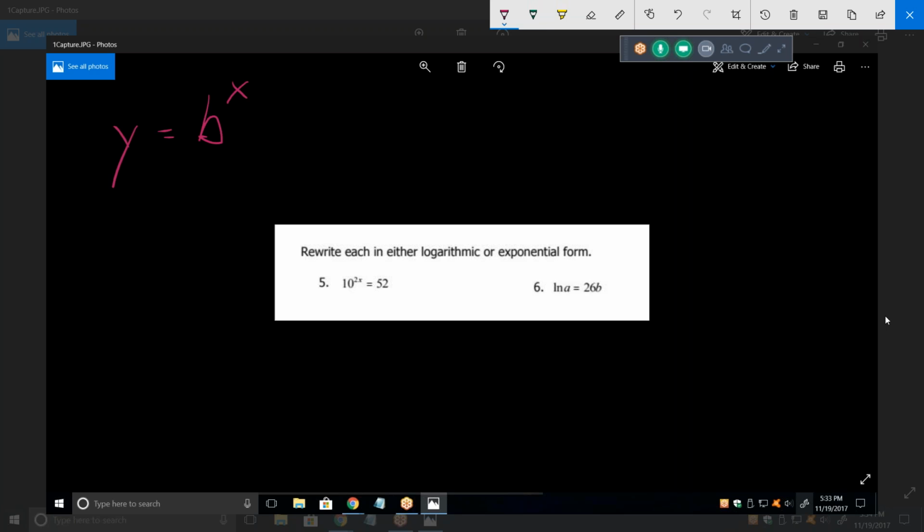Now, there is an equivalent logarithmic expression to that equation, and you only have to remember one thing. Logs are exponents. What has to go on the other side of the equal sign? The y. Logs are exponents. Only one exponent. X.